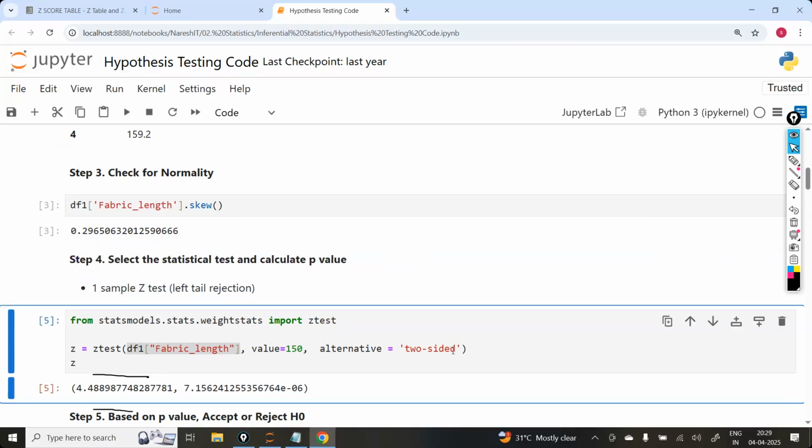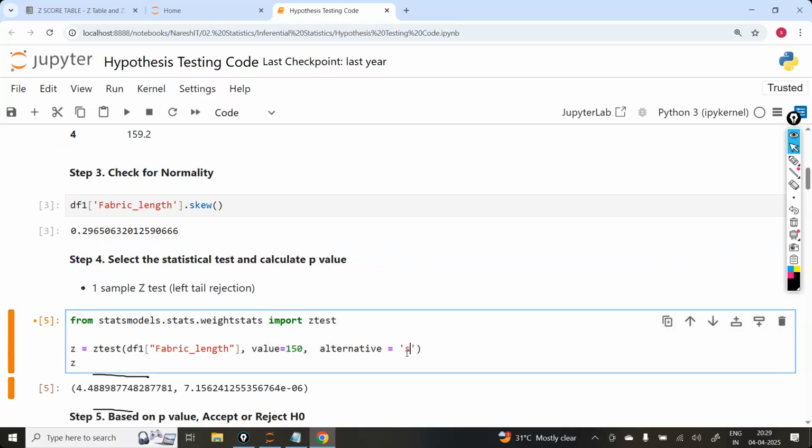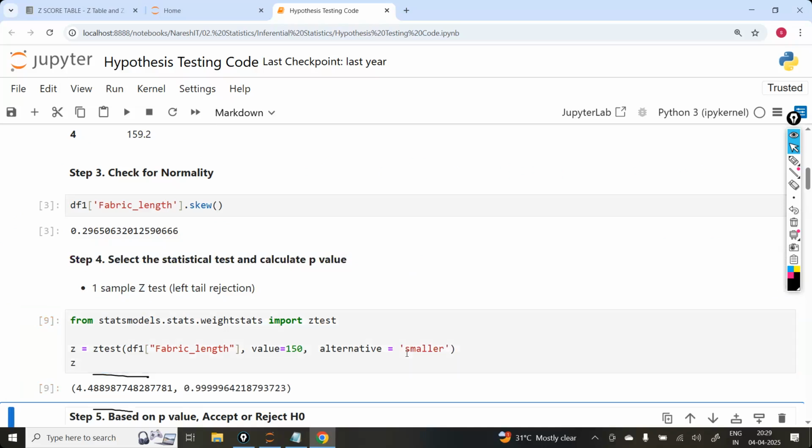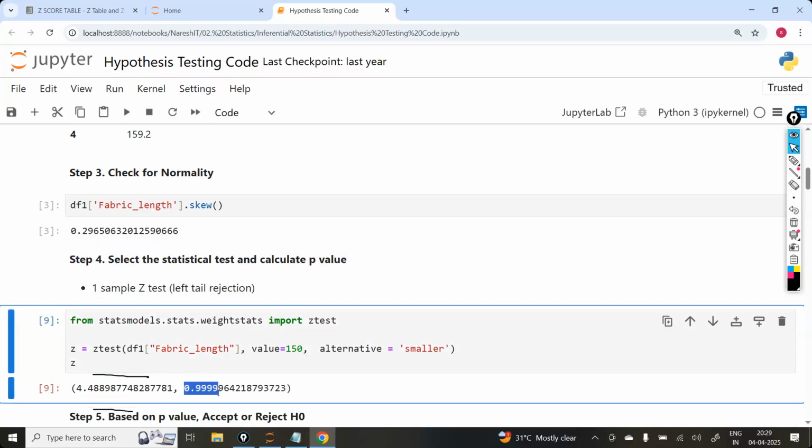Now here what you have to write? Smaller. Exactly, smaller. Now what is the p value got? 0.999, which is p is greater than alpha. Accept null hypothesis or reject null hypothesis? Now it is clear. So from the inspector, it is more than 150. He is satisfied. Inspector is satisfied, but the company manager will be at a loss. Point is clear now, everyone?